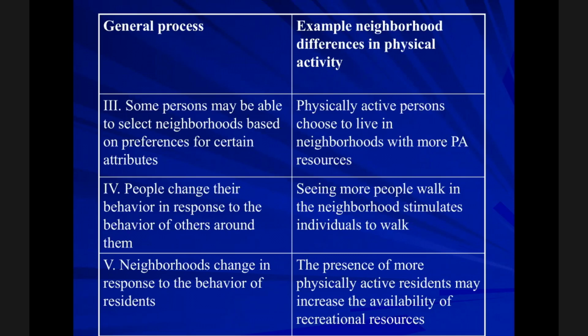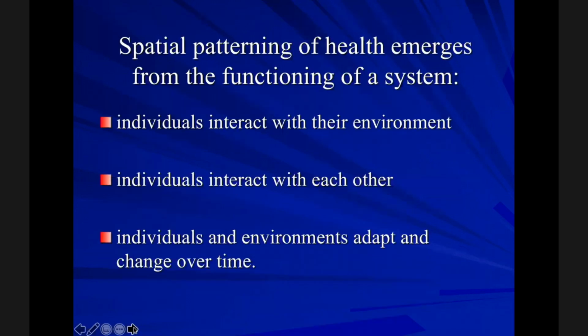For example, the predisposition of businesses to locate in certain kinds of neighborhoods. So this means that in reality, these neighborhood patterns emerge from the functioning of a system in which individuals interact with their environment, they interact with each other, and individuals and environments adapt and change over time. Neighborhoods also affect each other.